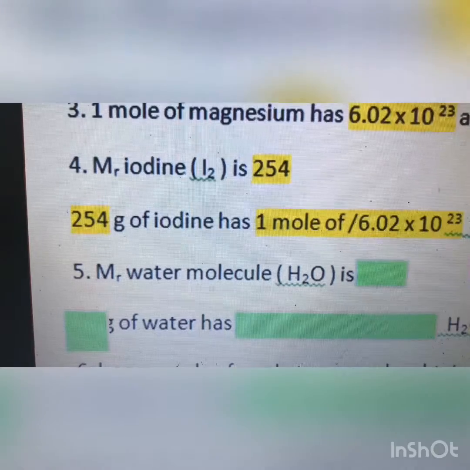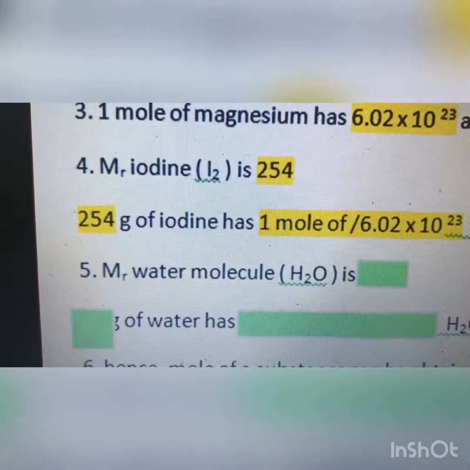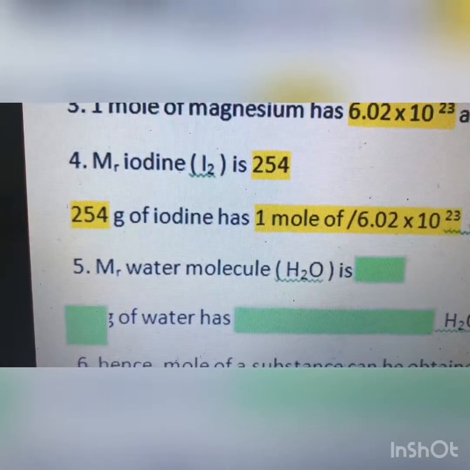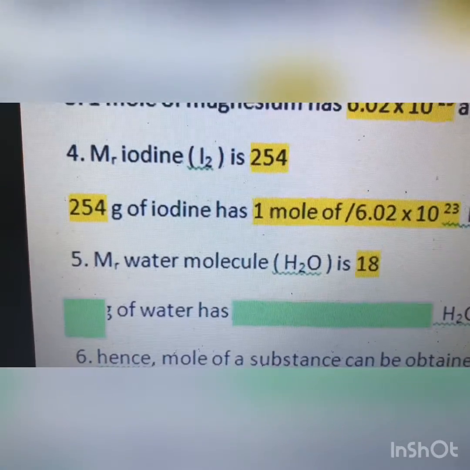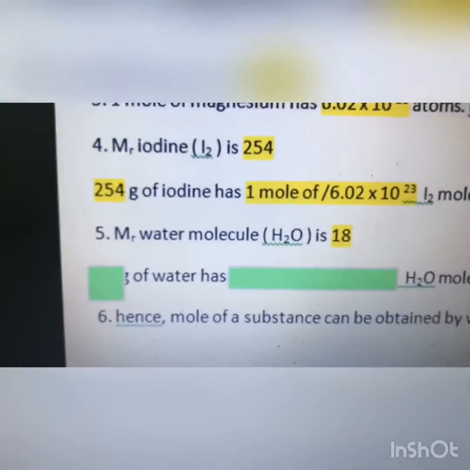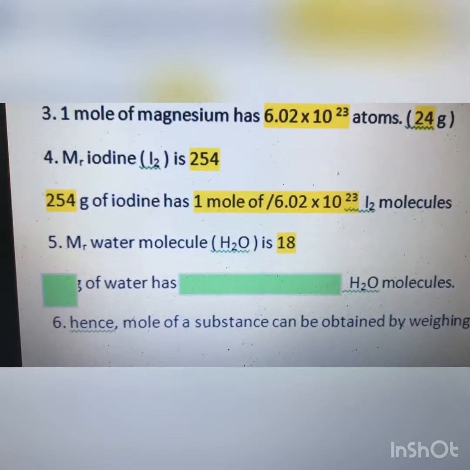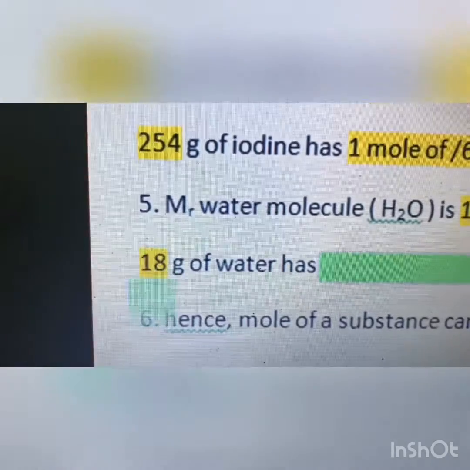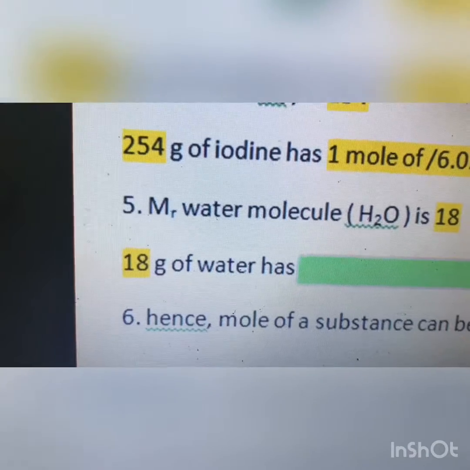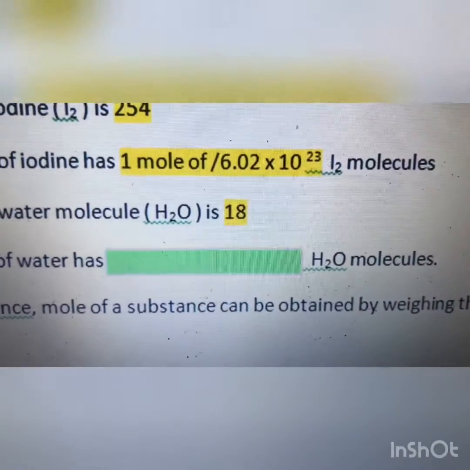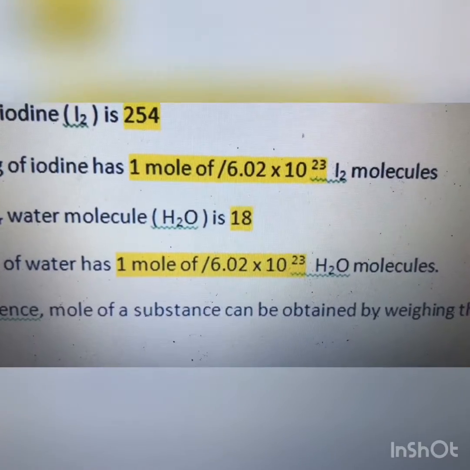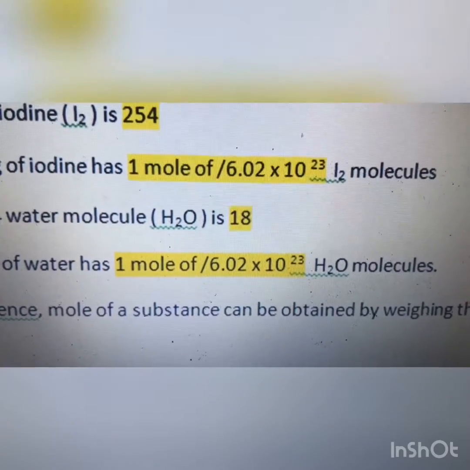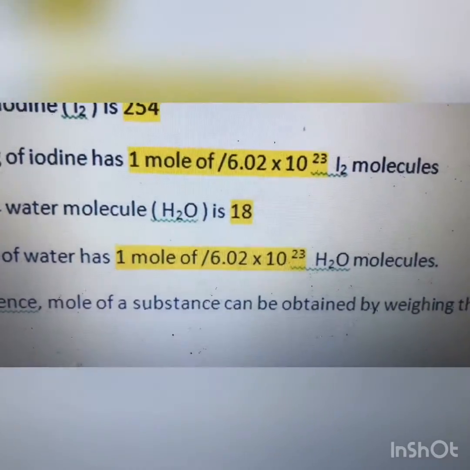So what about water molecule? The molecular mass for water molecule is 18. So in 1 mole of water molecule there will be 18 gram. So 18 gram of water has this number of water molecule, 1 mole, 6.02 times 10 to the power of 23.